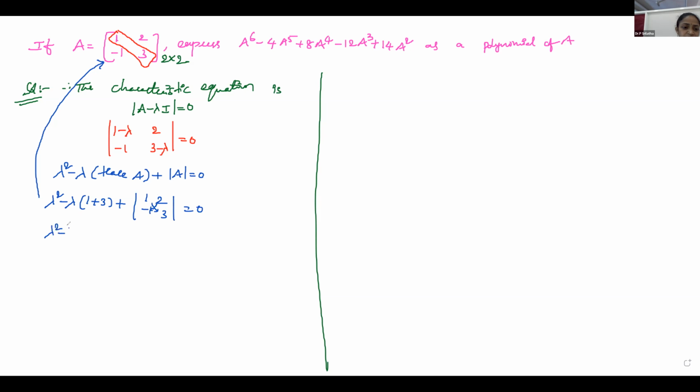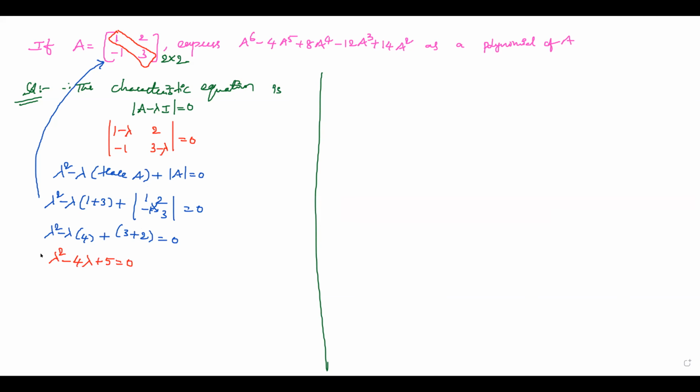So lambda square minus 4 lambda plus 5, that is 3 plus 2. So the equation is lambda square minus 4 lambda plus 5 equal to 0.